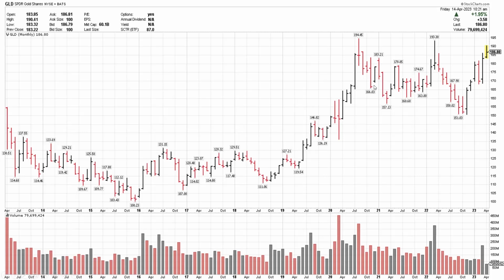The key range that I see here is downside support at 160, also downside support at 170. If this chart starts to break out over 195, that would take it into new all-time high territory, and it could open up the chart to further upside. What I see outside of the chart is GLD has been a beneficiary recently of a move lower in bond yields.